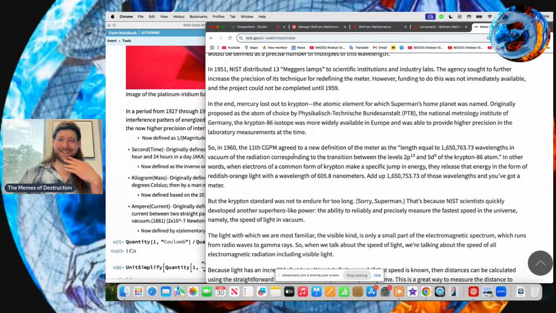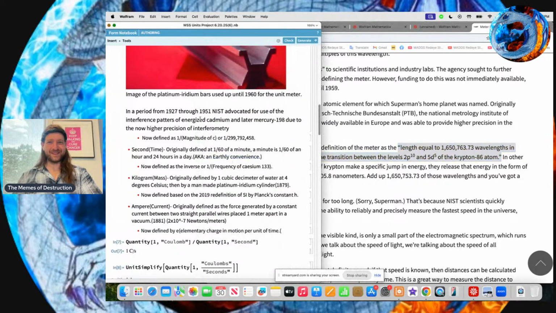In other words, when electrons of a common form of krypton make a specific energy jump, they release the energy as reddish-orange light with a wavelength of 605.8 nanometers. Add up that many, and you've got a meter. Okay, this is fantastic. So when was that? All right, so in 1960.